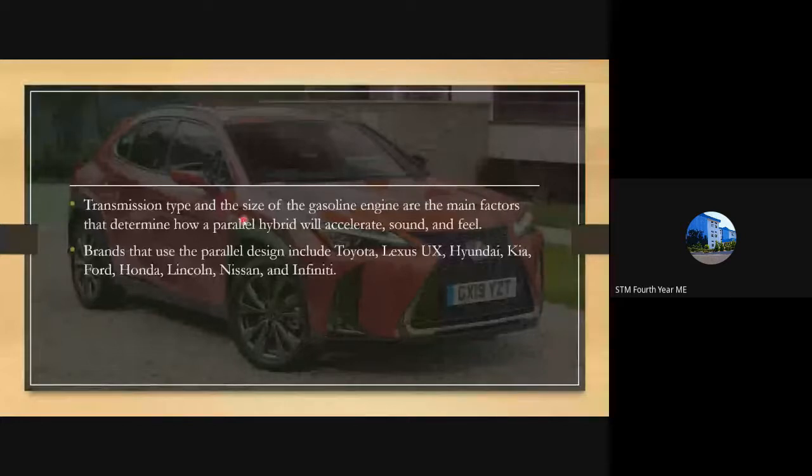Transmission type and the size of the gasoline engine are the main factors that determine how a parallel hybrid will accelerate, sound, and feel. The transmission type means rear wheel drive, CVT, automatic, or manual. Depending upon that, we can say how the parallel hybrid will accelerate. Accelerate means move forward or pick up speed very fast.